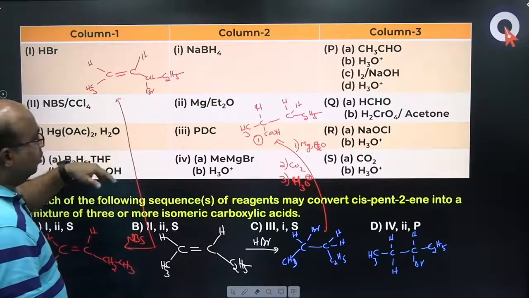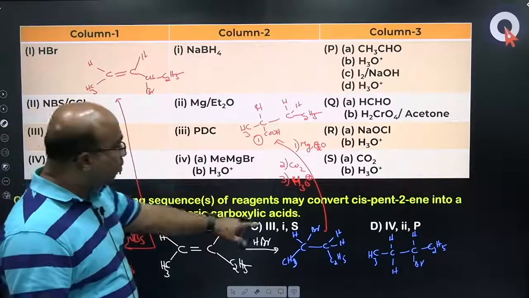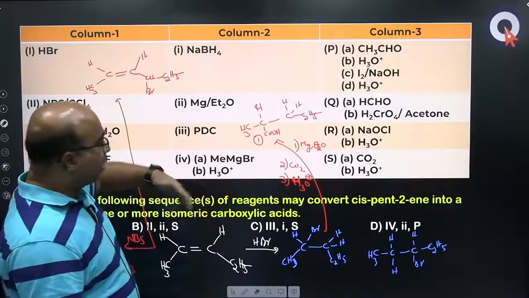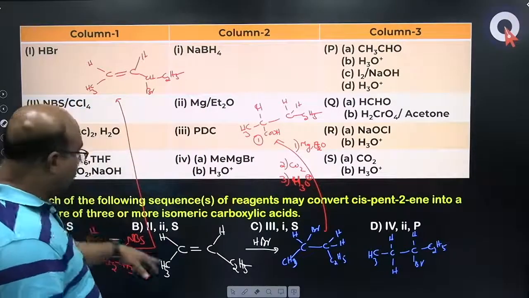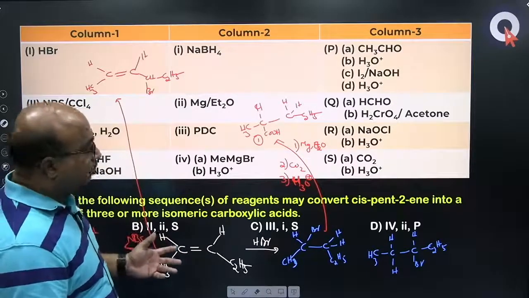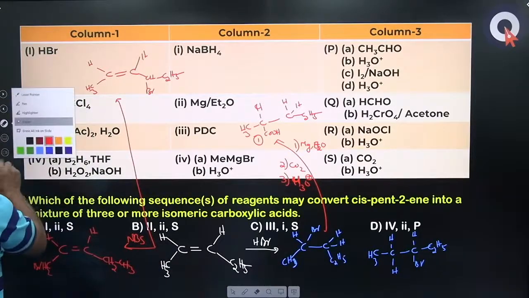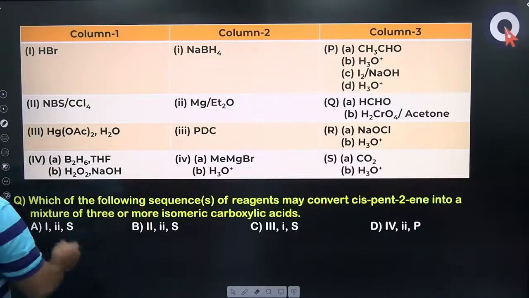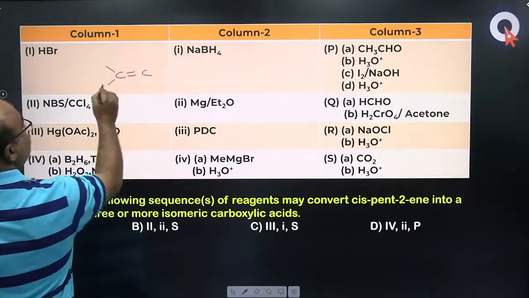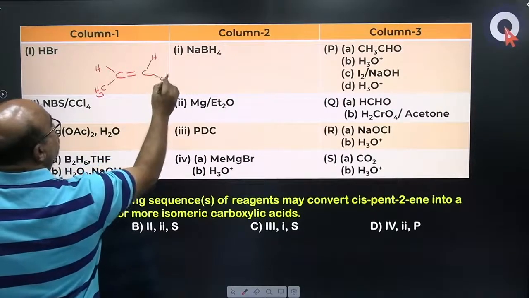HgOAc, H2O means we are converting into alcohol mostly. Then reaction with sodium borohydride. So overall process is alcohol preparation. So you got an alcohol at this. So addition of this will give an alcohol. Okay. So just if you see, we will just clear this, then we go there. So what is cis? C double bond C, CH3, H, C2H5.